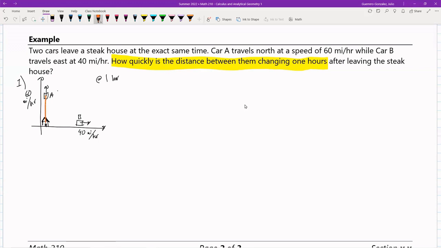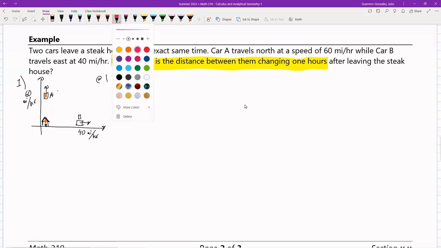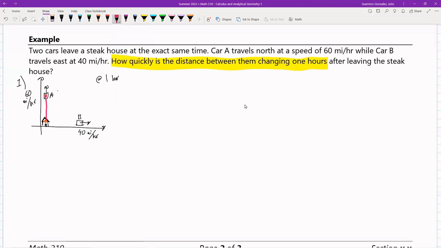That means that this distance after 1 hour is 60 miles. This distance right here is 40 miles.